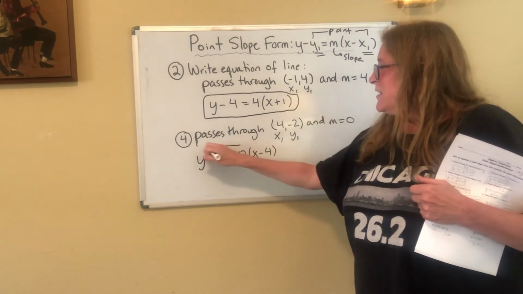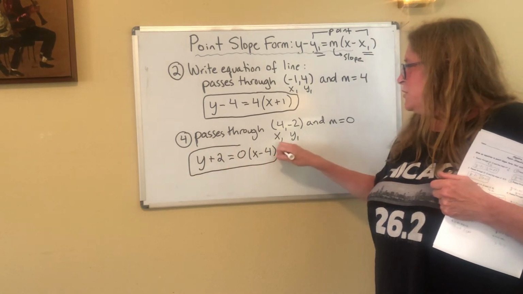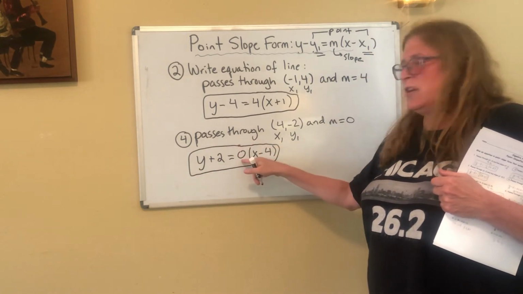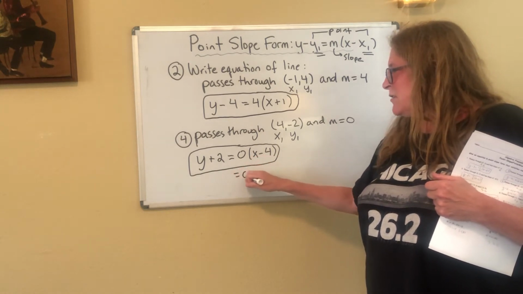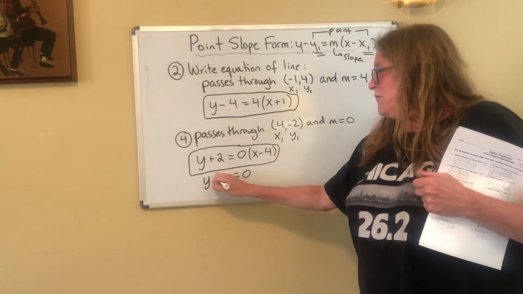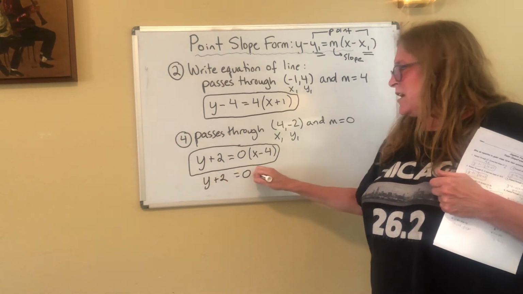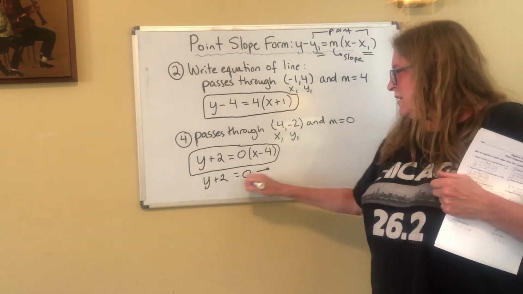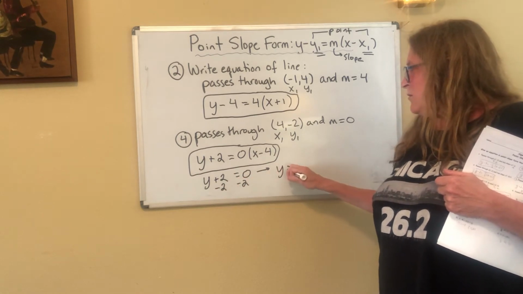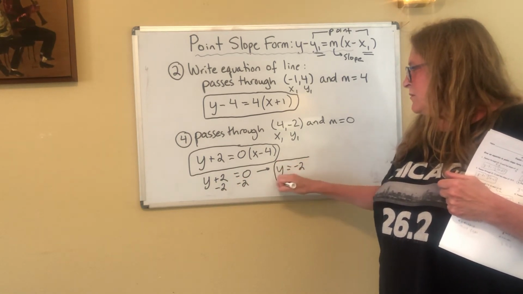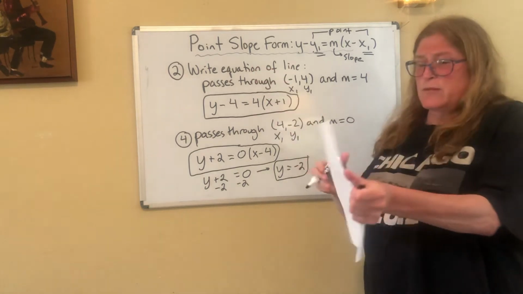Now we can leave it like that, or if you want to, you can say, oh look, 0 times x minus 4 is just equal to 0. So I have y plus 2 equals 0, which gives me, if I subtract 2 from each side, y equals -2. So those are problems 2 and 4.